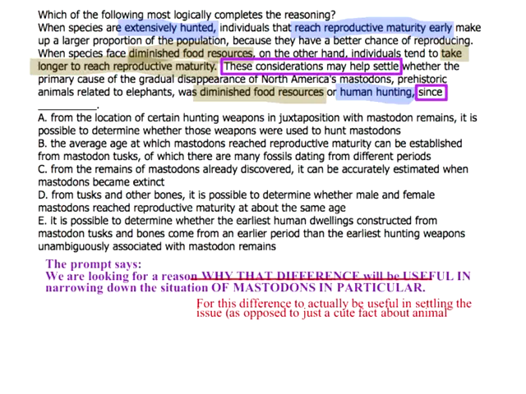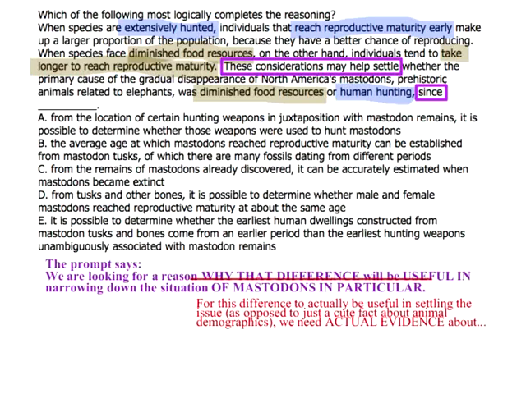We need actual evidence about what? Tell me in the chat box. Yeah, we need some sort of actual hard evidence of when mastodons reached maturity.